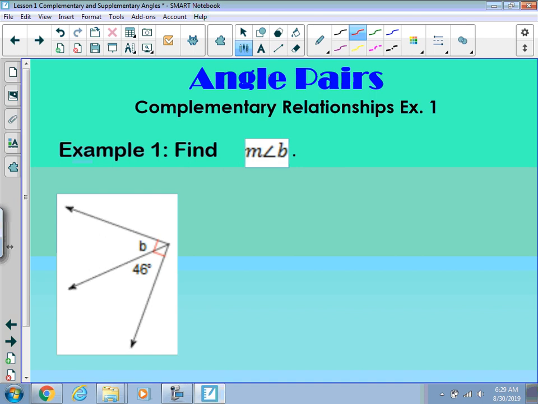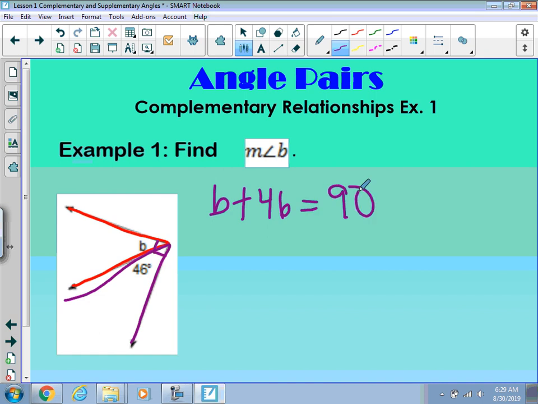So if I come back here, this is the angle that I'm looking for. I have this part equaling 46, and I know the whole is 90. So I'm going to do part, which is B, plus my 46 equals 90. To get B, I'm just going to subtract 46 from both sides.